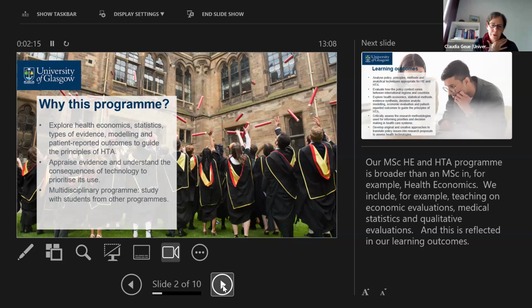During the program, we are very much focused on appraising evidence and understanding consequences of technology to prioritize its use. And it's a very multidisciplinary program, as you will see from the slides that follow.